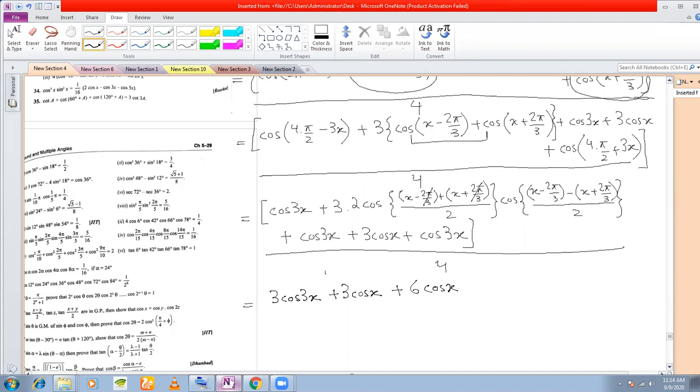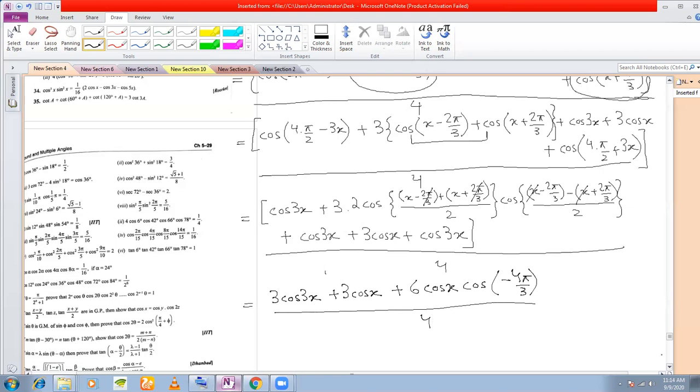And here, this x and this x will cancel. So you have cos of minus 2 pi by 3 minus 2 pi by 3, so cos of minus 4 pi by 3. Okay, and this whole thing divided by 4.